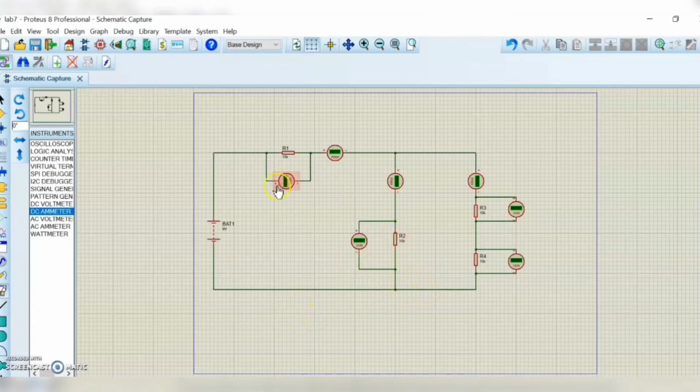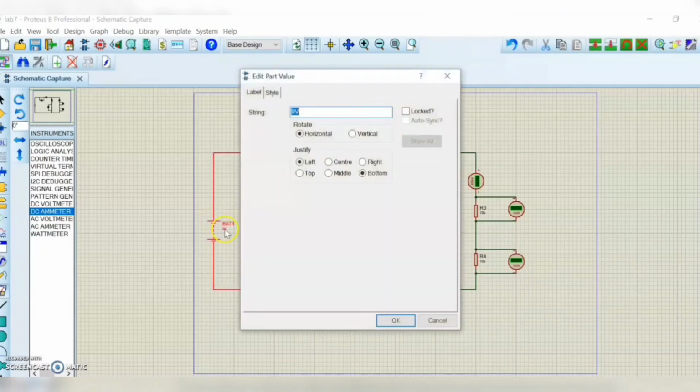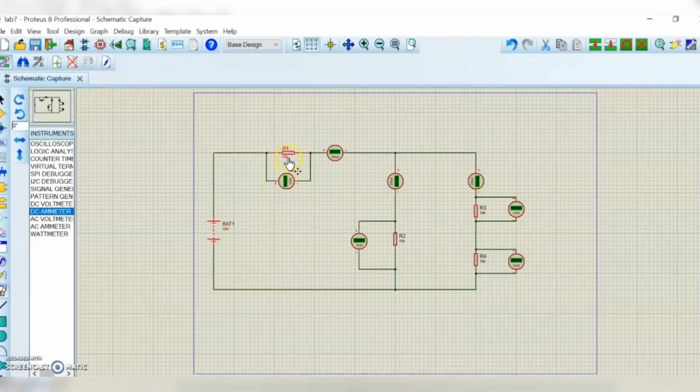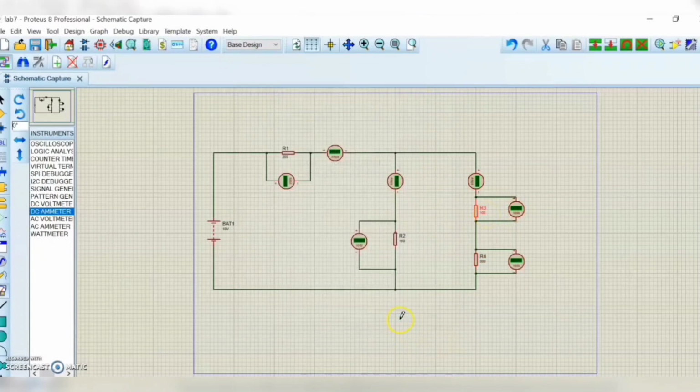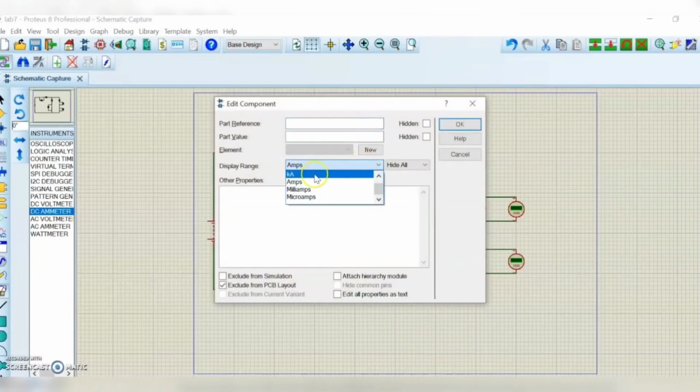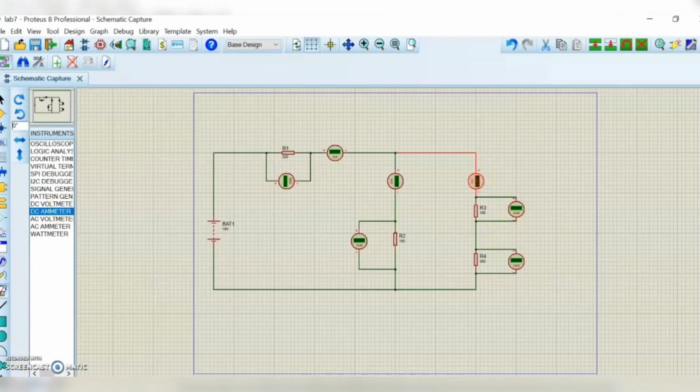And then we set the value. Here we must change it into the unit milliampere. So we run.